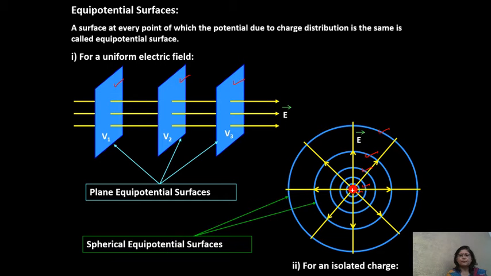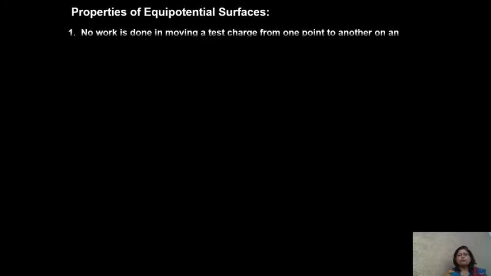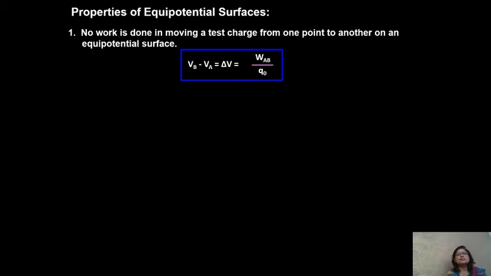Now, what are the properties of equipotential surfaces? First property is there is no work done when we move a test charge from one point to another on an equipotential surface. Why is it 0?